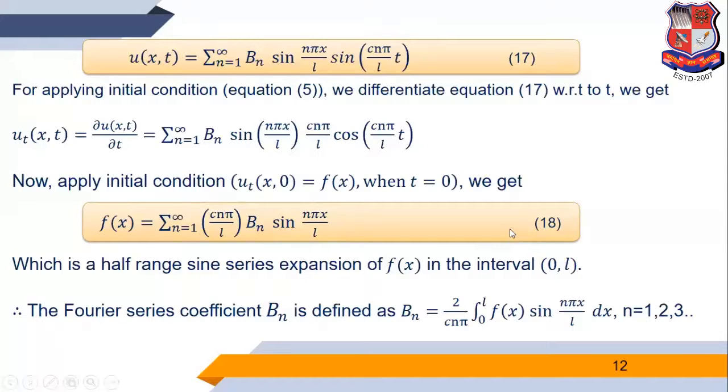So we get equation 18, which is nothing but the half-range sine series expansion of the function f(x) in the interval 0 to L. So therefore the coefficient bn is defined as bn is equal to 2 upon (C n pi) integration 0 to L f(x) into sin(n pi x by L) dx, where n is 1, 2, 3 and so on.